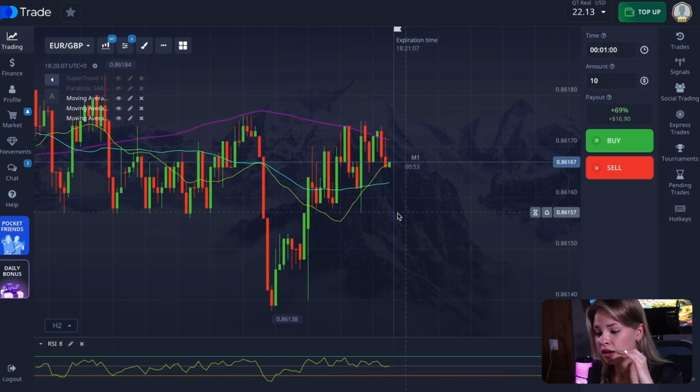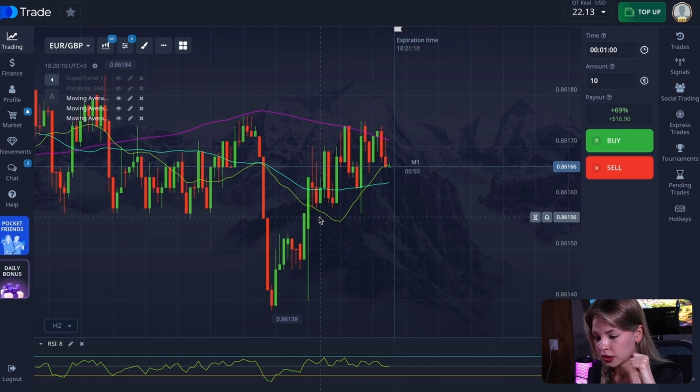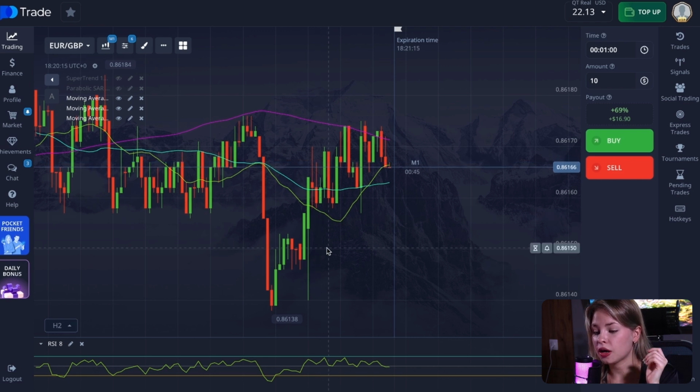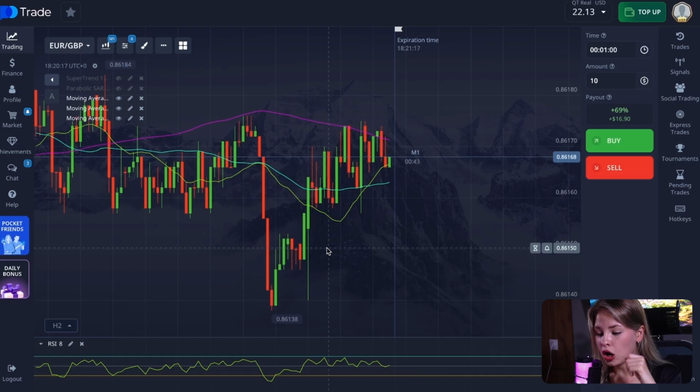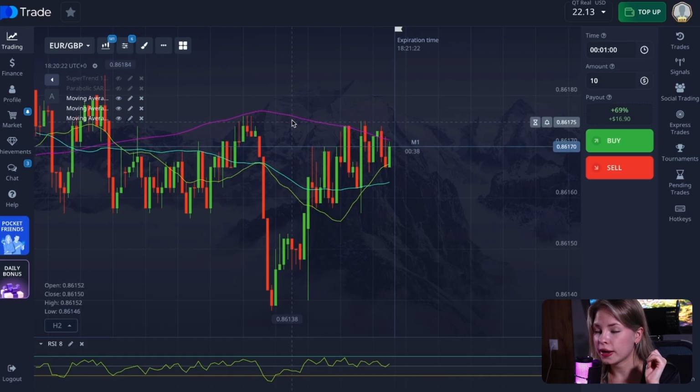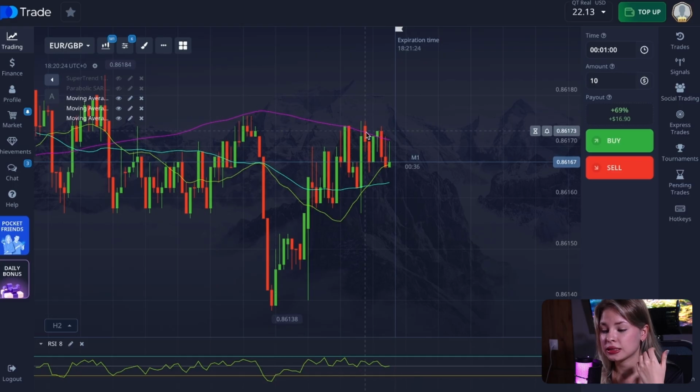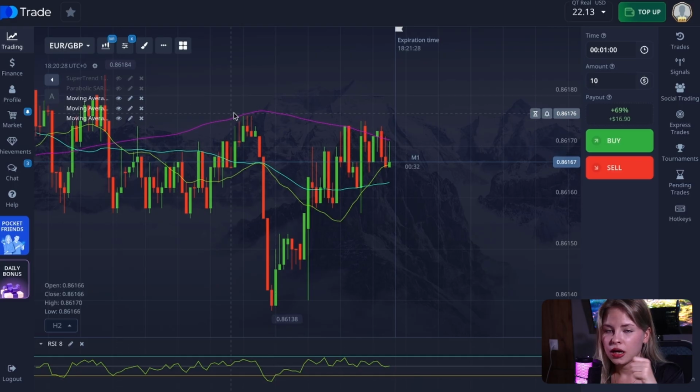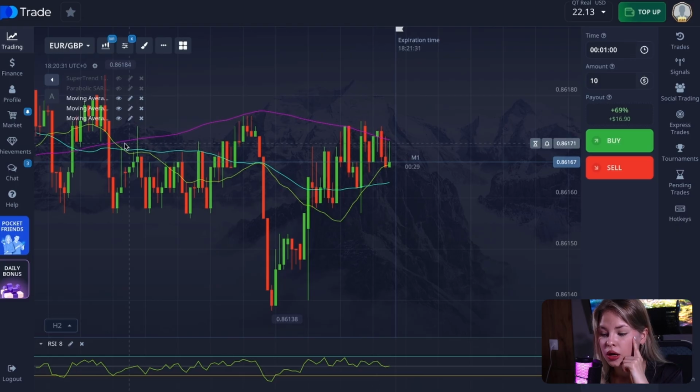It's quite a local support level here. So when we don't have enough time for technical analysis, when we're fast trading, then it's a perfect way to make some analysis and to draw support and resistance levels automatically.